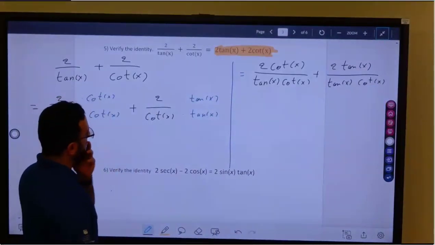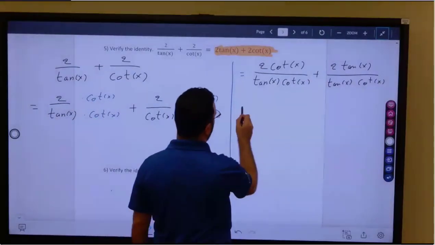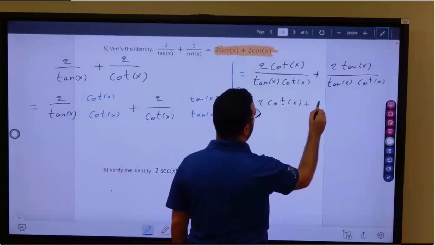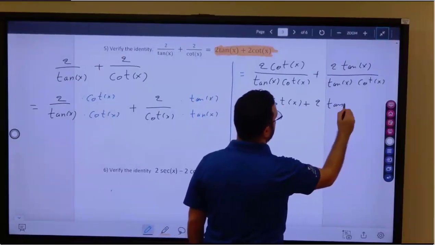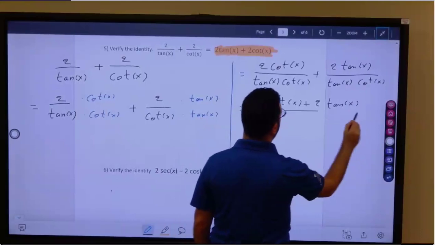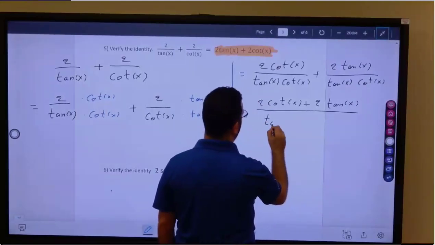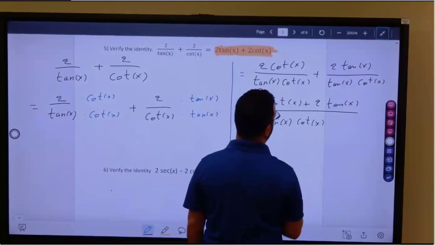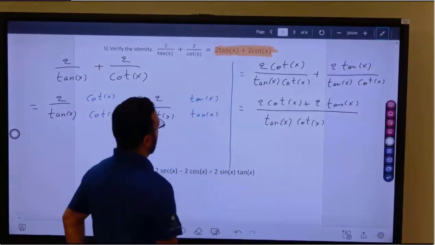Now we have the same denominator, so it's going to be 2 tangent x plus 2 tangent x, and everything divided by tangent x. Now, think about that.